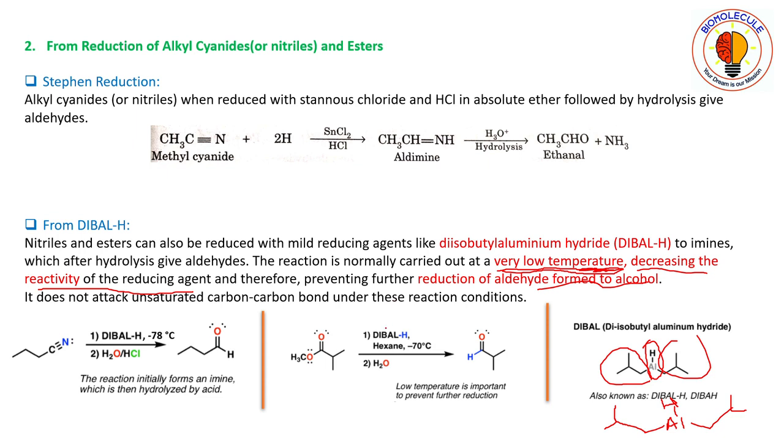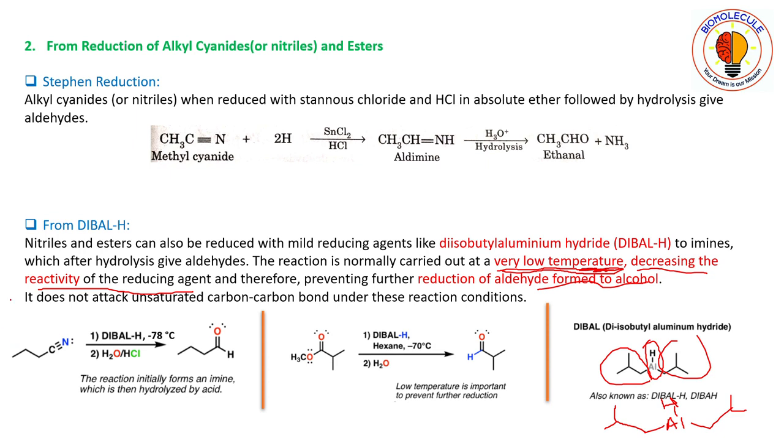If we had done this reaction at room temperature, then the aldehyde formed would further reduce into alcohol. So to prevent the reduction, we carry out this reaction at a very low temperature, that is minus 78 degrees Celsius.